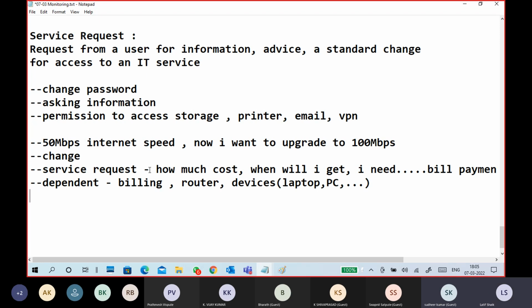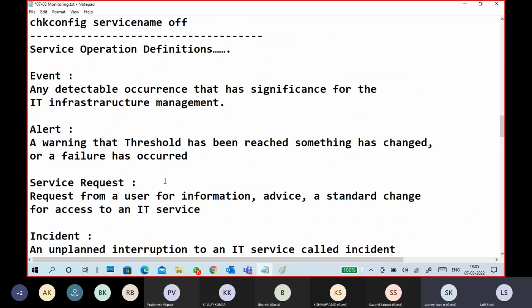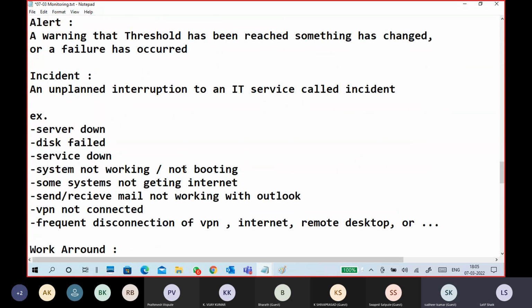So guys, these are very important parts in service operations. Actually, we started to understand the centralized monitoring system, where we saw the event alerts. Based on that, we can understand what the incident is, and how to understand that an incident has occurred.